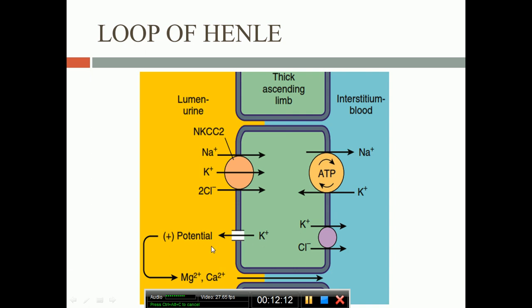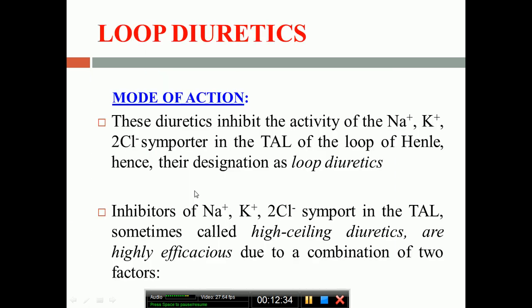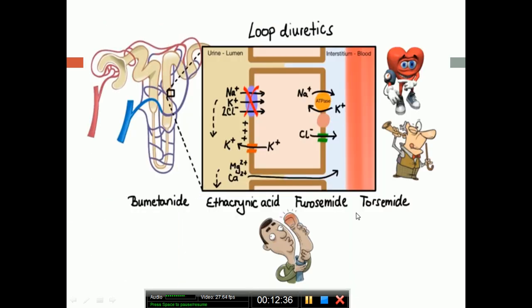So that is how this lumen positive charge repels magnesium and calcium, which are reabsorbed through the paracellular pathway in this segment. This is important because this will come in the later discussion.